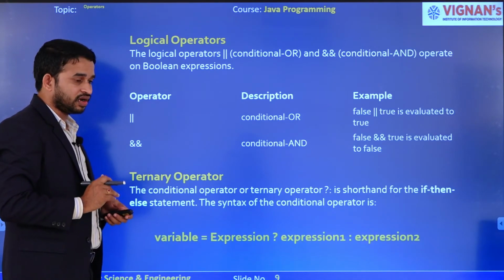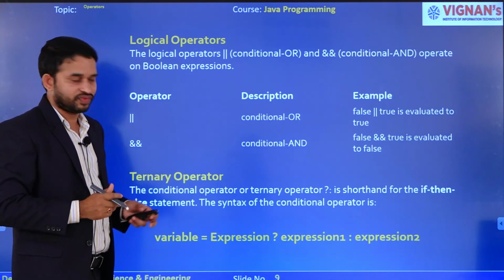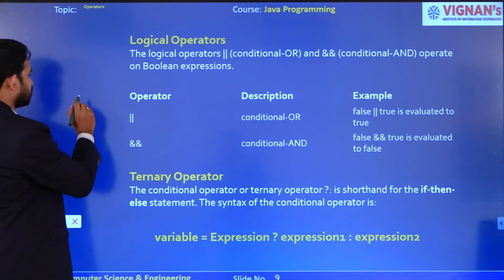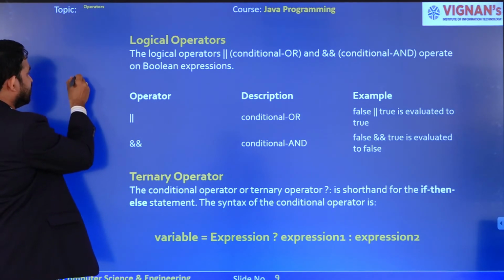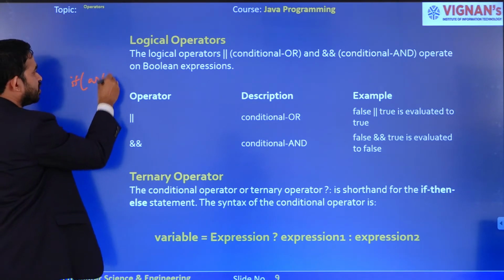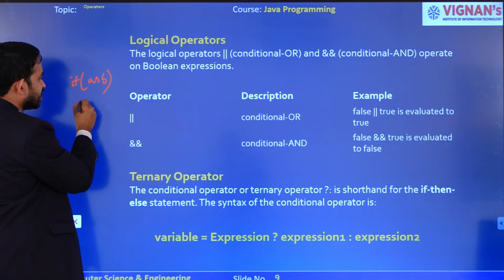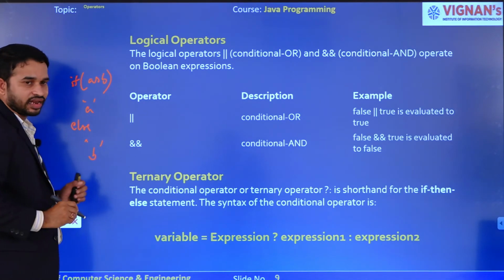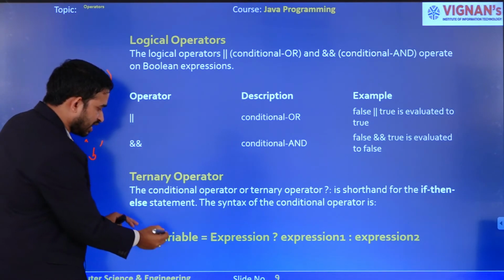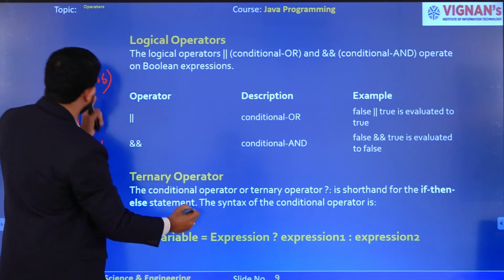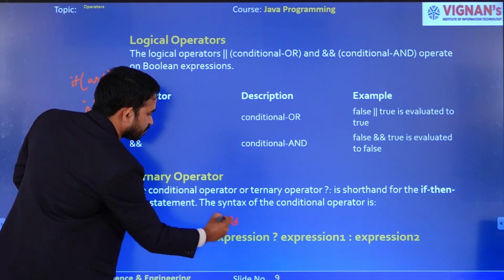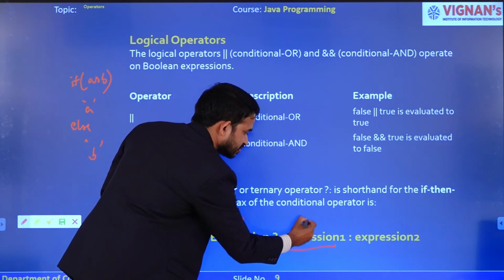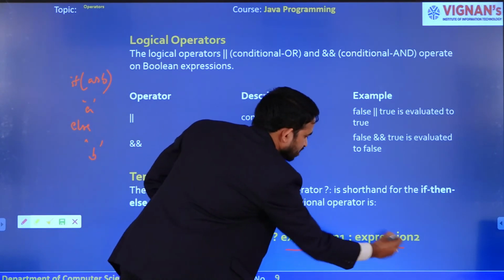The next one is the ternary operator. This is very, very important, like an if and else condition. For example, I want to write an if else condition, which you already learned in C and C++. If A is greater than B, the result is what? A is greater, else B is greater. Clear, right? Same thing here also. I want to declare an expression. What is the expression here? A greater than B. Here, if the expression is true, A is the answer, else B is the answer.